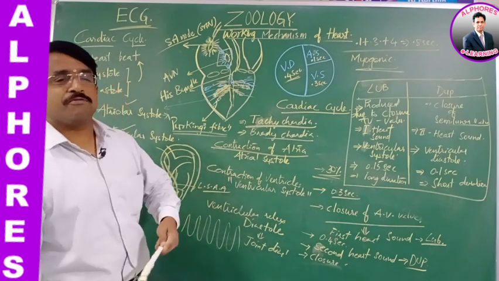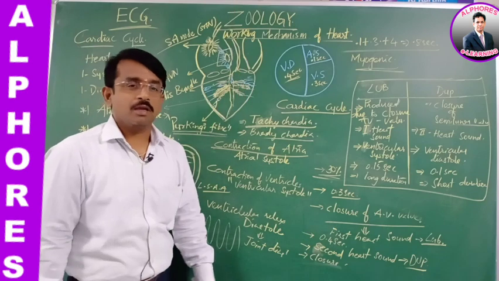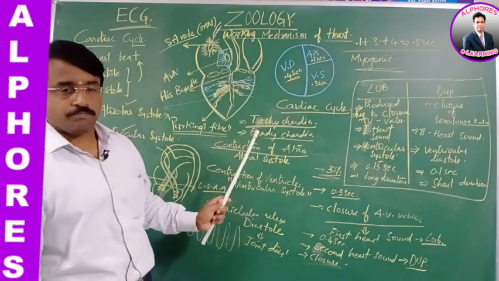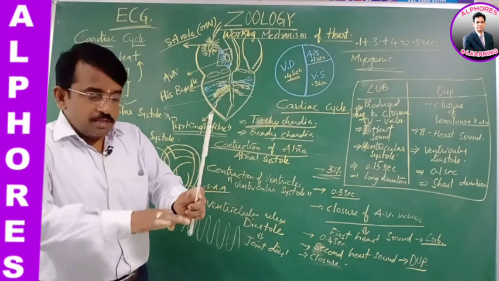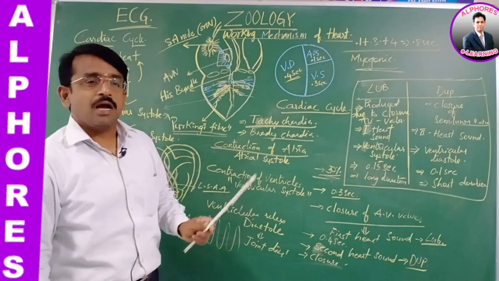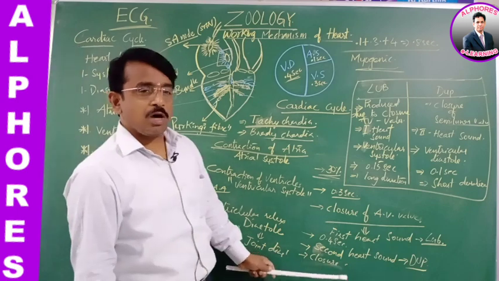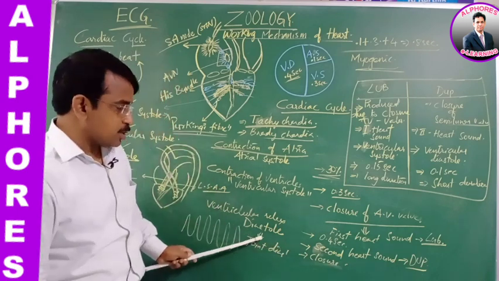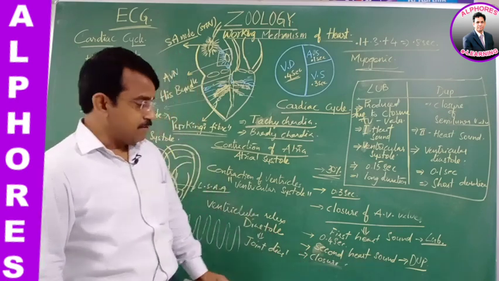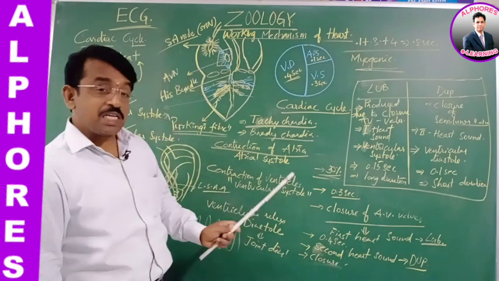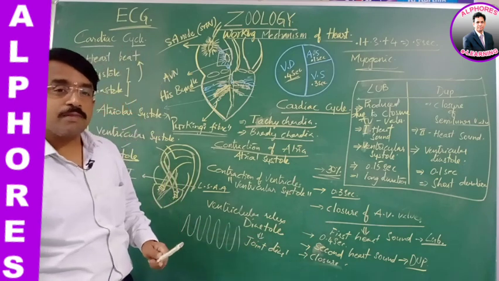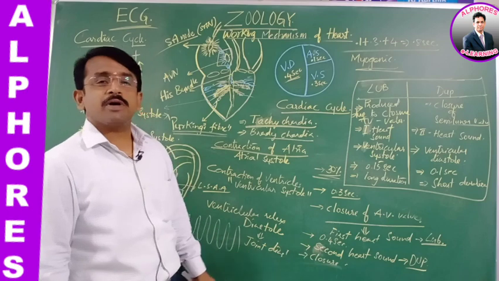So the blood from the ventricles is pumped into the aortic arches. Then pressure builds in the aortic arches. This closes the semilunar valves, and during the ventricular diastole the second heart sound takes place, that is the dup, which is due to the closure of the semilunar valves, and it lasts for about 0.4 seconds.